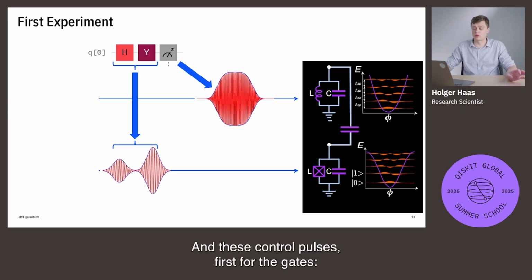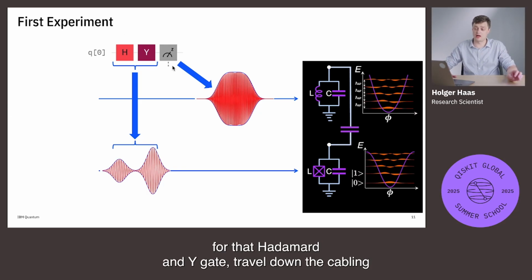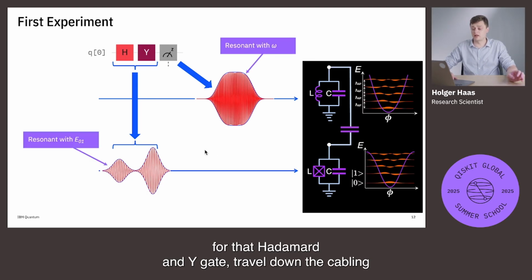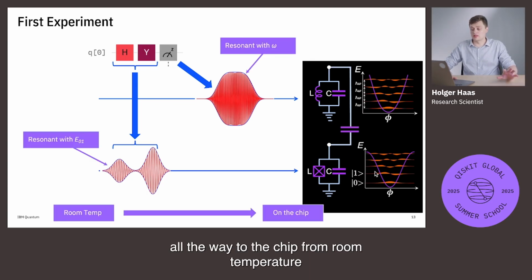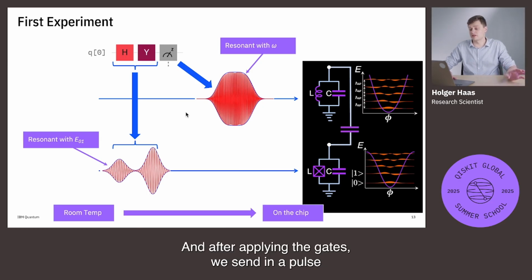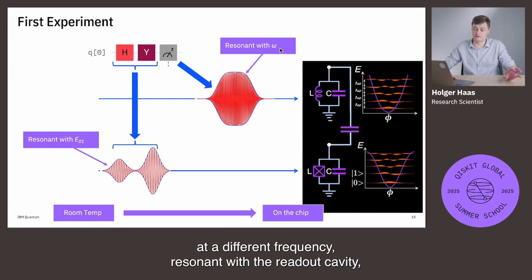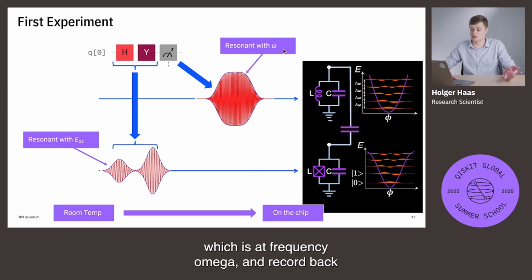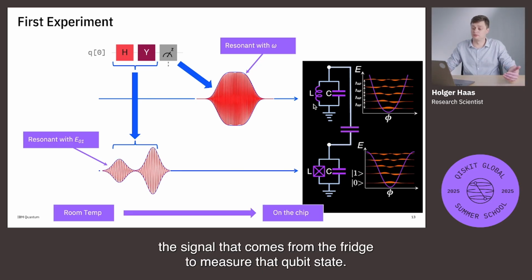And these control pulses, first for the gates, for that Hadamard and Y gate, travel down the cabling all the way to the chip from room temperature to millikelvin temperature stage and excite the qubit. And after applying the gates, we send in a pulse at a different frequency, resonant with the readout cavity, which is at frequency omega, and record back the signal that comes from the fridge to measure the qubit state.